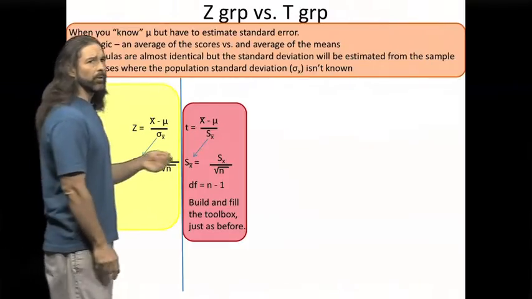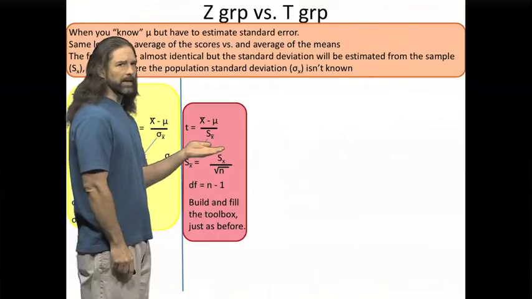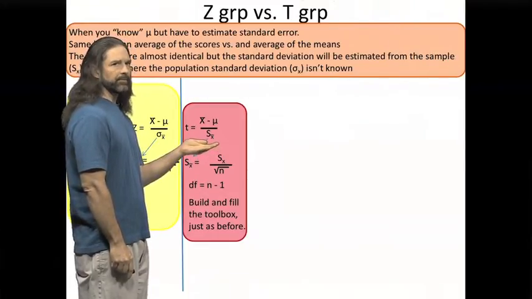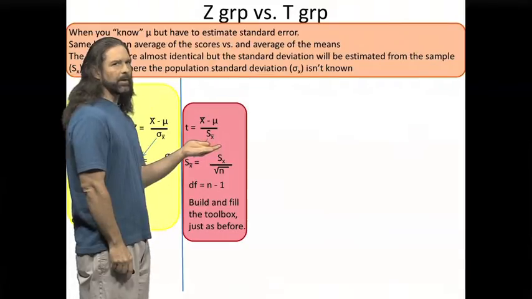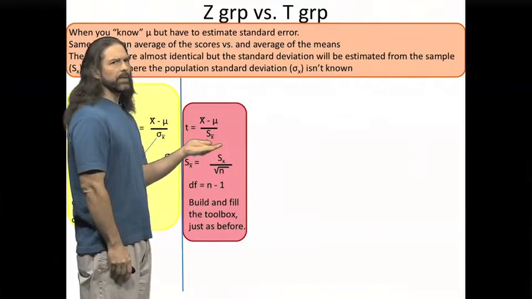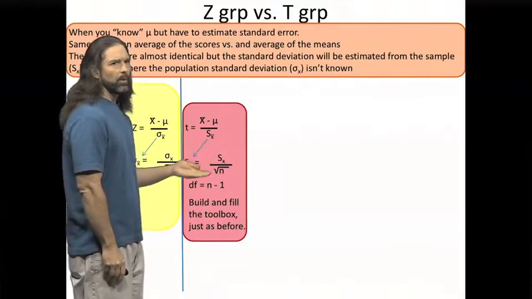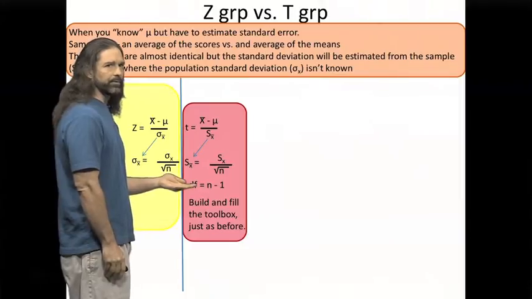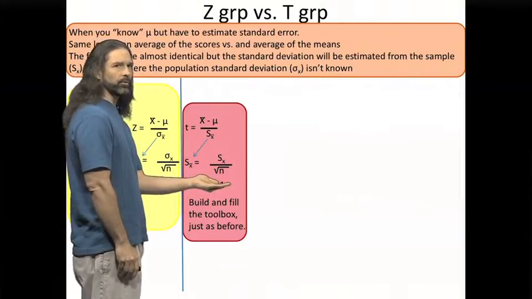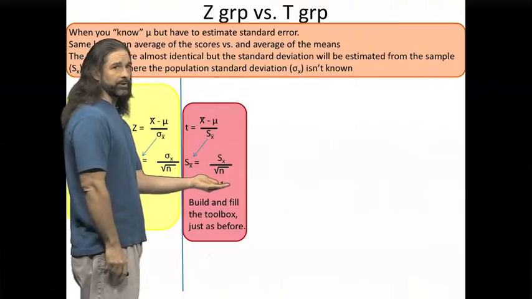But as we move forward and we look at the one-group t-test, the formula is identical, but instead of the population standard error, we're going to have the sample standard error. We're just going to estimate based on our sample, but to get to the standard error for the sample, we have to, just as before, go through the standard deviation, but in this case, we're going to use the standard deviation for the sample that I just showed you.